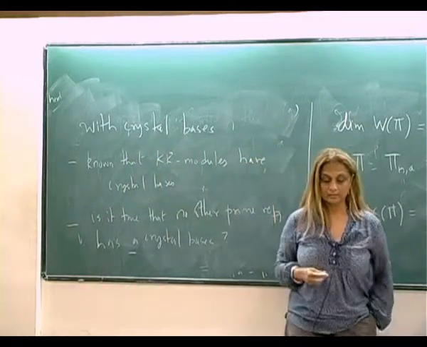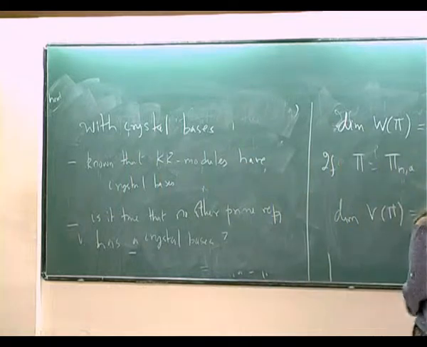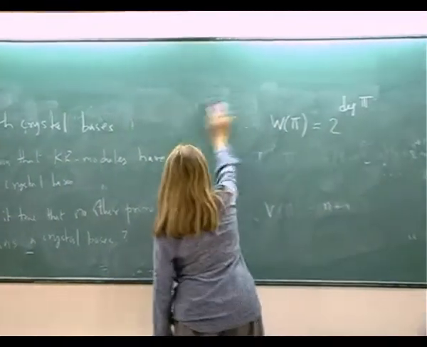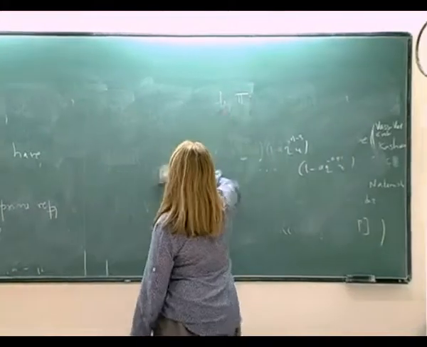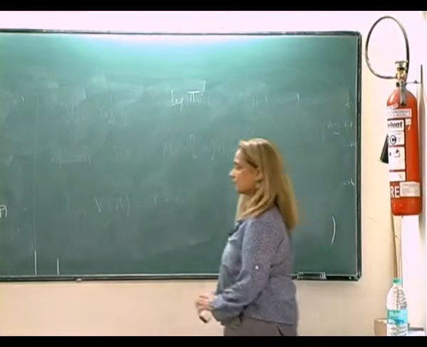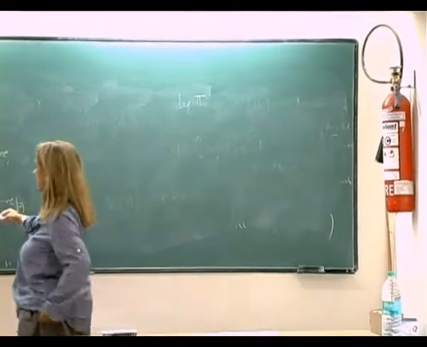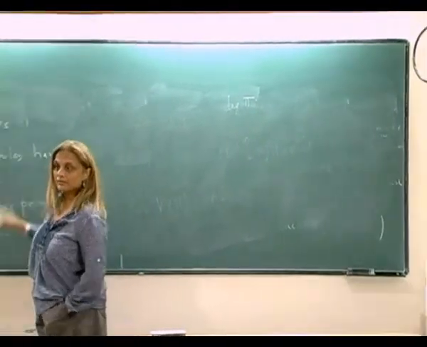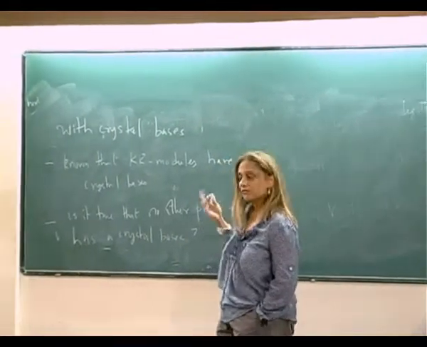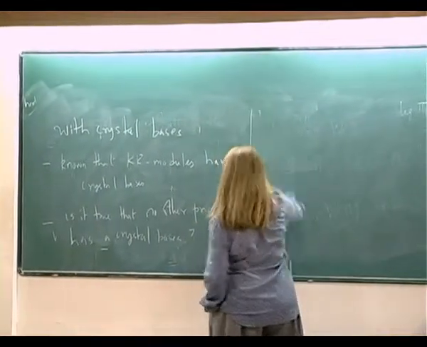So this is certainly not known. The reason you have to put in the word prime is otherwise this is not a well-formulated question, because tensor products of things with crystal bases have crystal bases. So I have to exclude those. So, okay.